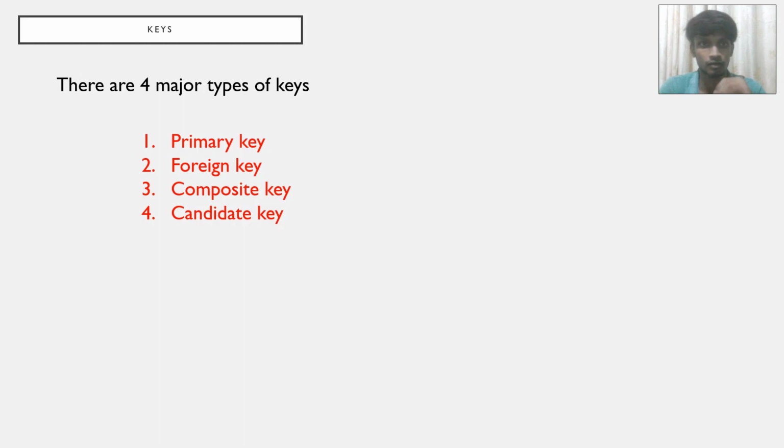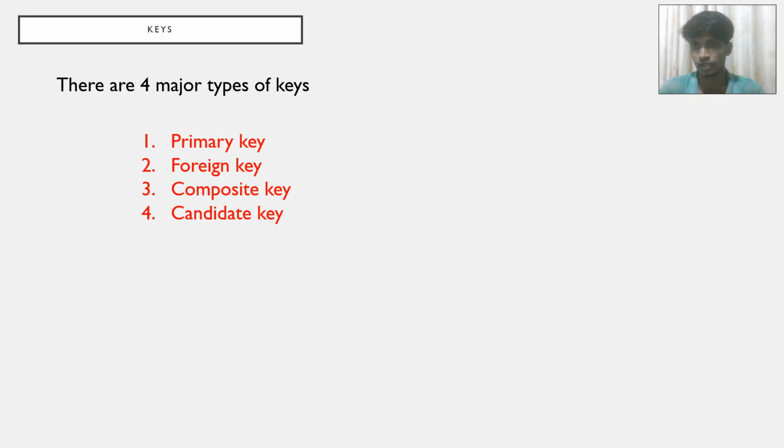Okay, so this is the topic I'm looking for: keys. There are 4 major types of keys. The first one is primary key. The second one is foreign key. The third one is composite key. The fourth one is candidate key. These 4 are the major keys that we need in this series. But there might be other keys like super key, compound key and aggregate key.